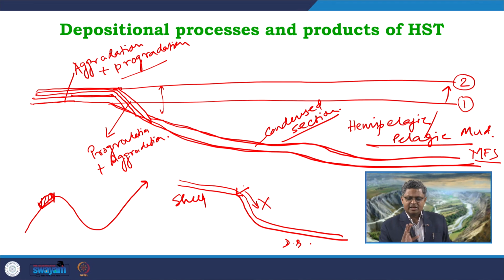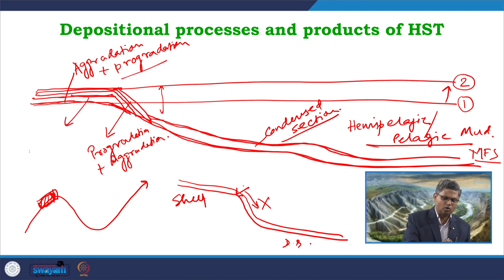So, within this HST, during this particular phase of the base level curve, we are getting variation in the sedimentation pattern only over here in the marginal marine part. This particular package which forms under the HST is called the highstand prism.